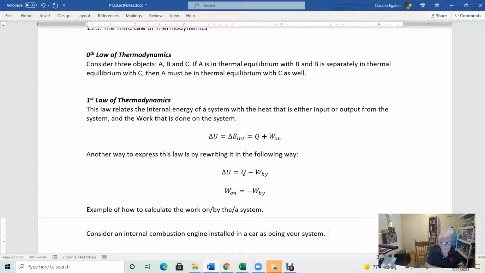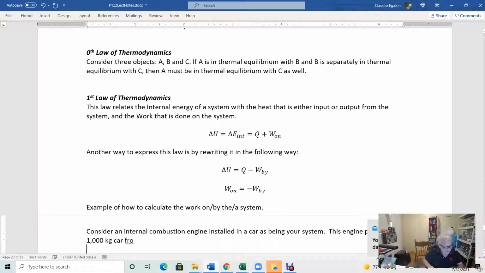This engine propels a 1,000 kilogram car from rest to 10 meters per second.